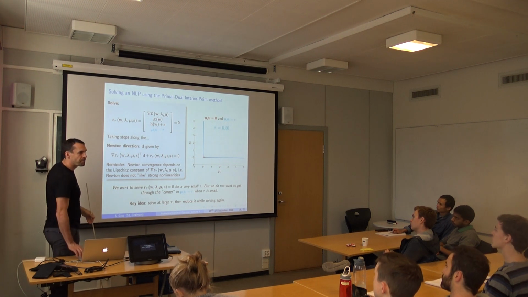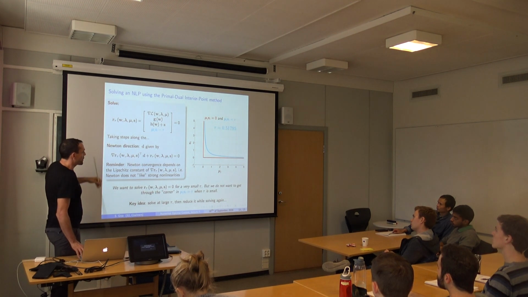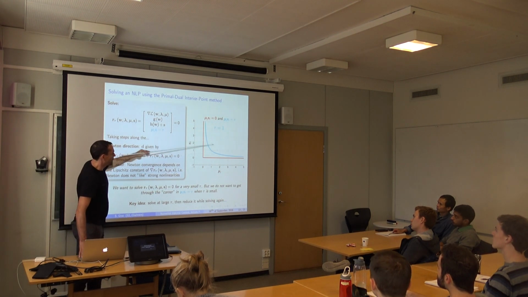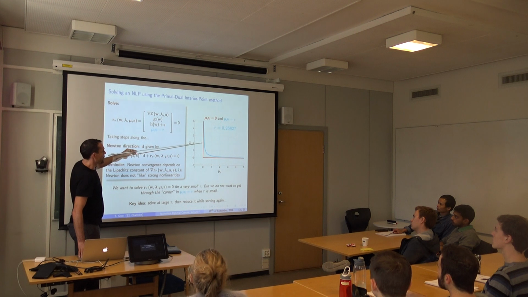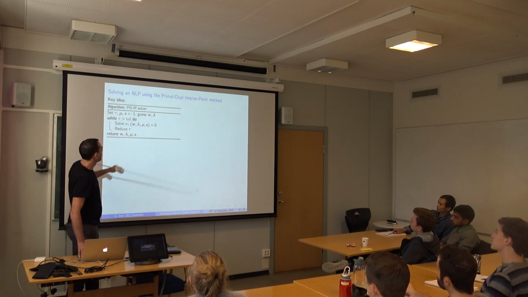Does it make sense? So you start with a large tau, you solve your problem. Hopefully Newton will figure out on which side it should be, and then the corner becomes very sharp, but Newton may be playing around here, for example, so it does not care about this thing here.